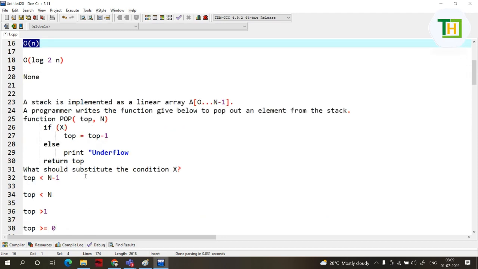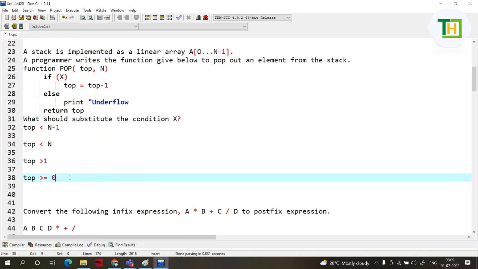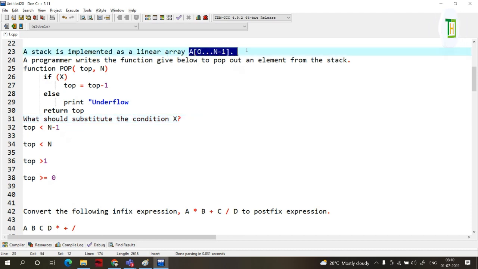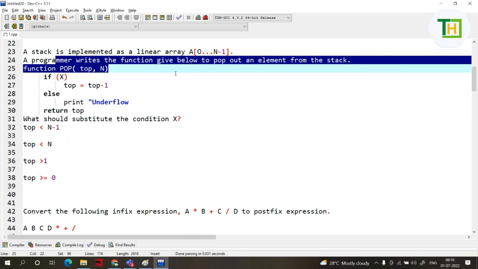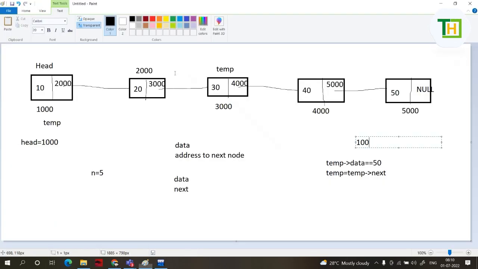Moving on to the next question, that is stack implementation. A stack is implemented as a linear array, and the programmer writes the function given below to pop out an element from the stack. That means pop is one operation here.